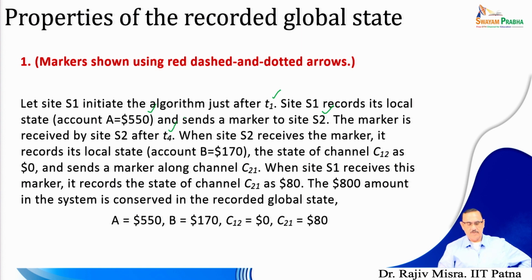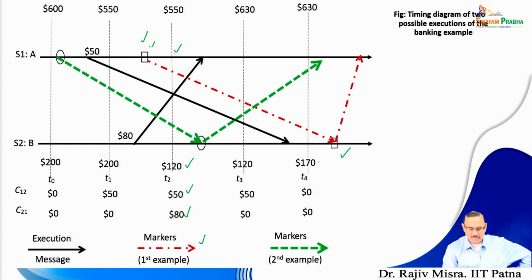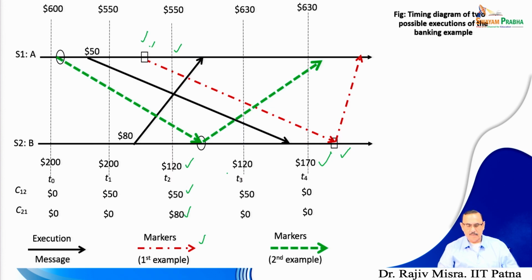When site S2 receives the marker, it records its state as 170, that we have already told, and the state of the channel as 0, and sends the marker along C21. When site S1 receives this marker, it records the state of the channel C21 as 80.